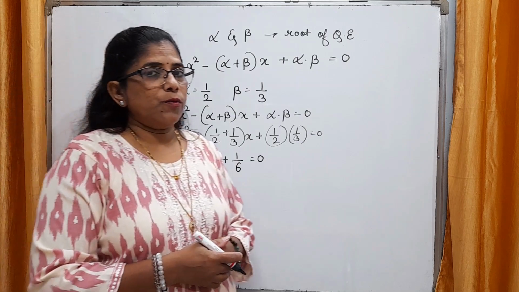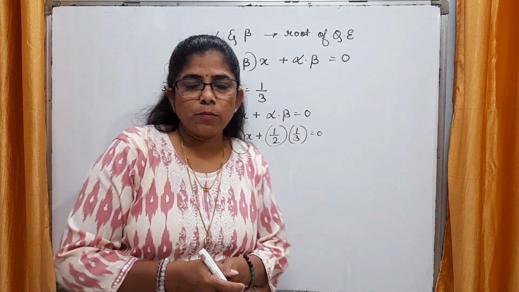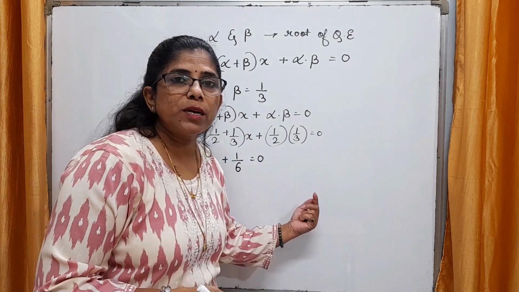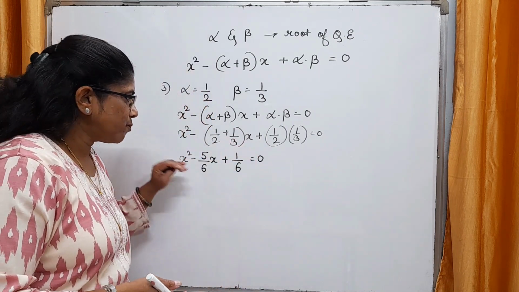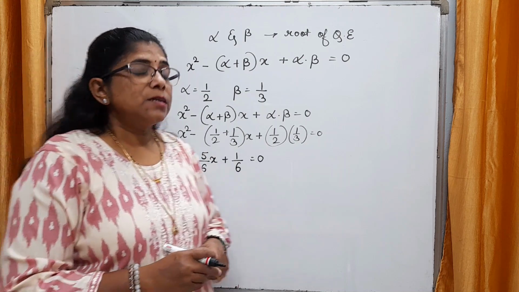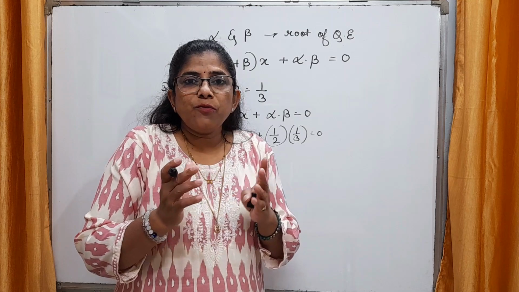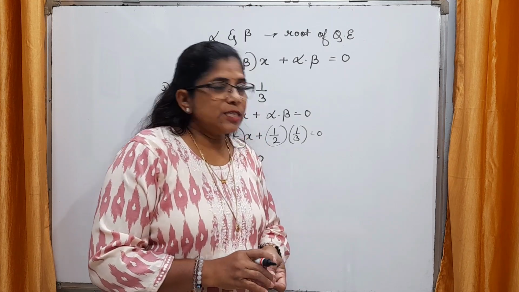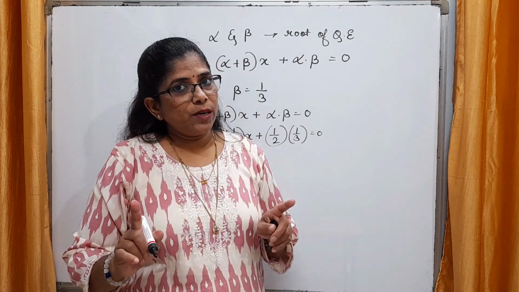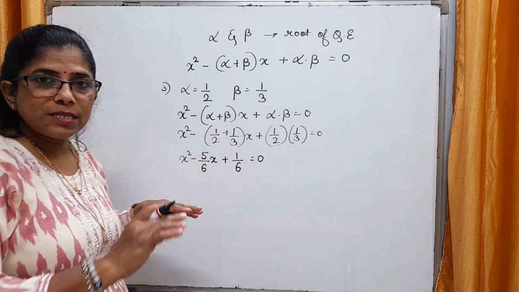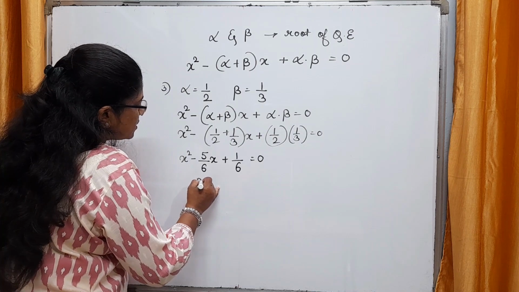Now what is the format of our quadratic equation? In general form, it's ax square plus bx plus c. So we don't want this denominator. What is the denominator here? It's 6 and 6. If you get different denominators, in that case what we have to do is check the LCM of the denominators and multiply with that number. So here, as the denominator is the same, we will multiply by 6.